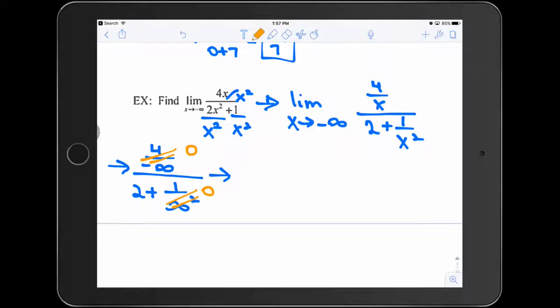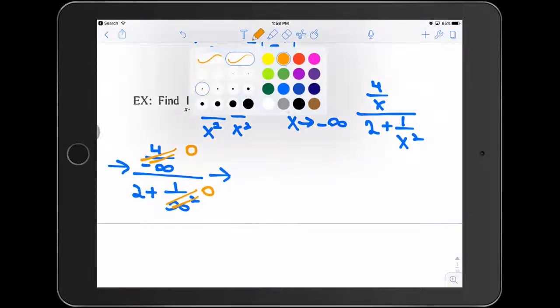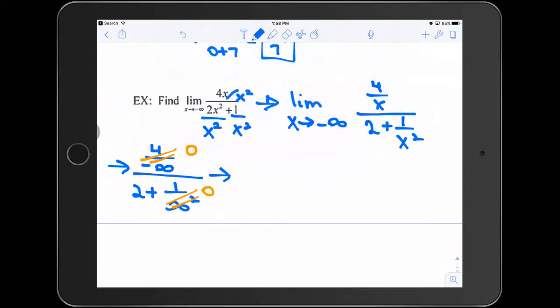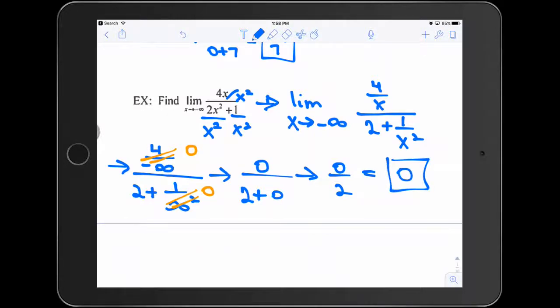And so we end up with 0 over 2 plus 0. And that means that we have 0 over 2, which is the number 0. So that is our limit as x approaches negative infinity for that function.